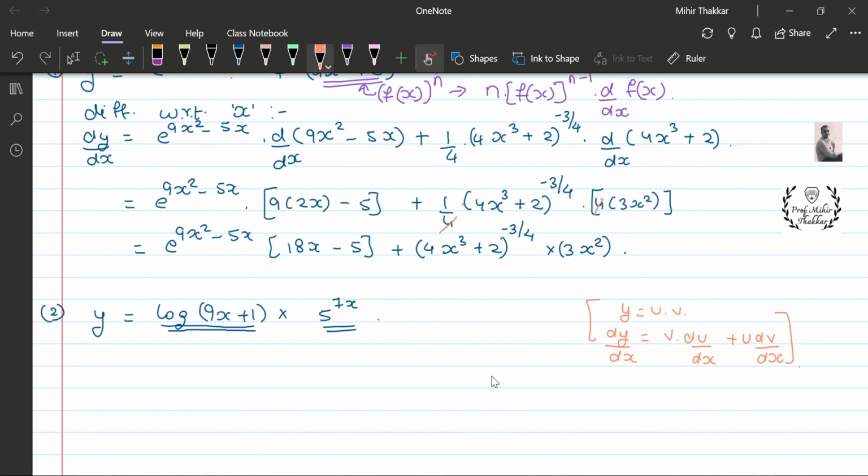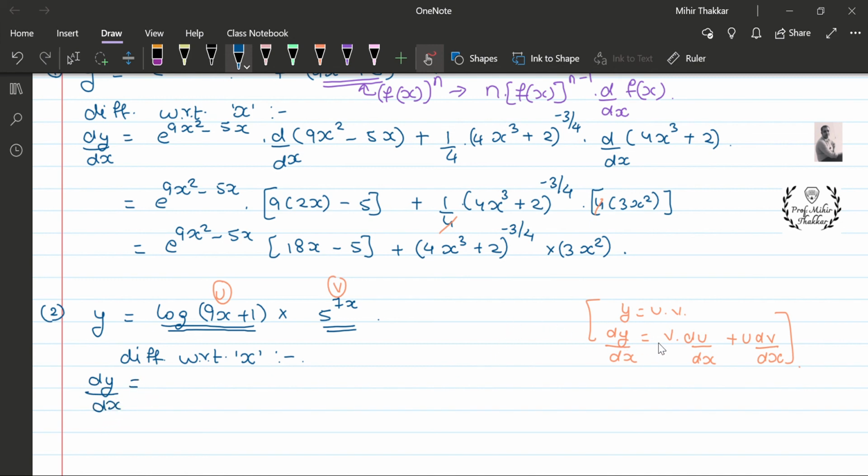So in this case, I consider the first term as u and the second term as v. We have to differentiate with respect to x. So the derivative of y is dy by dx.